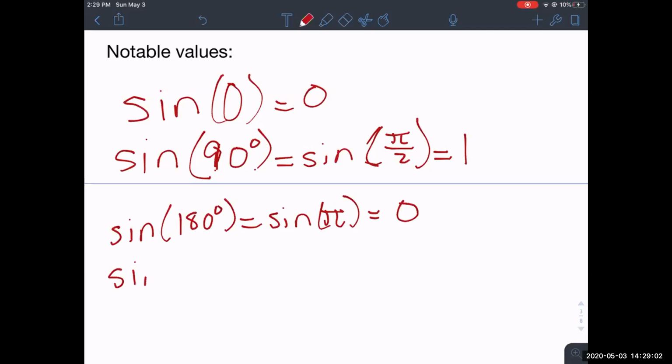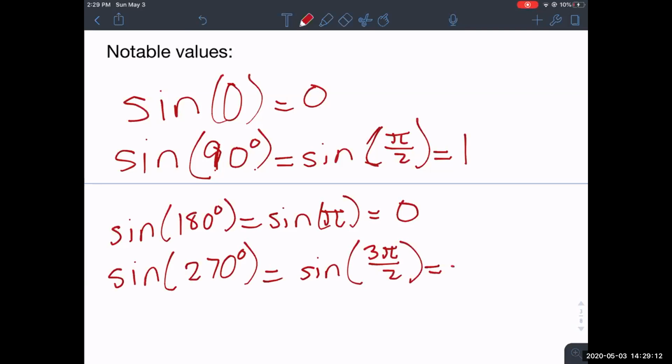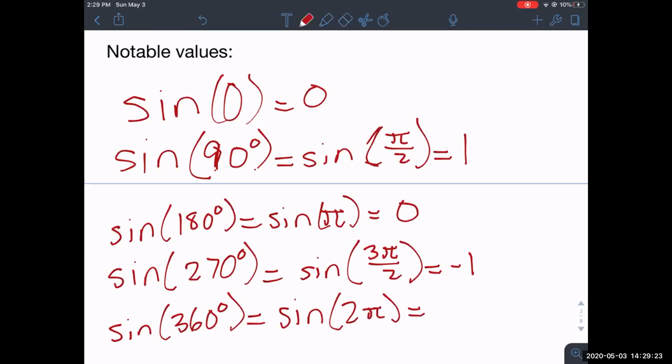And then sine of 270 degrees, or sine of 3 pi over 2, is equal to -1. And then sine of 360 degrees, or sine of 2 pi, is equal to 0.